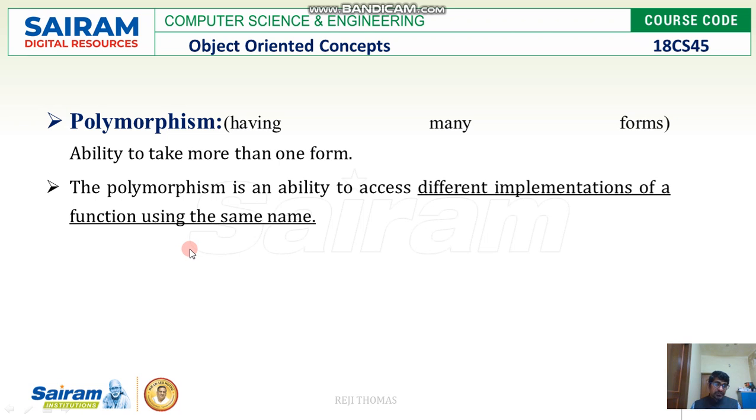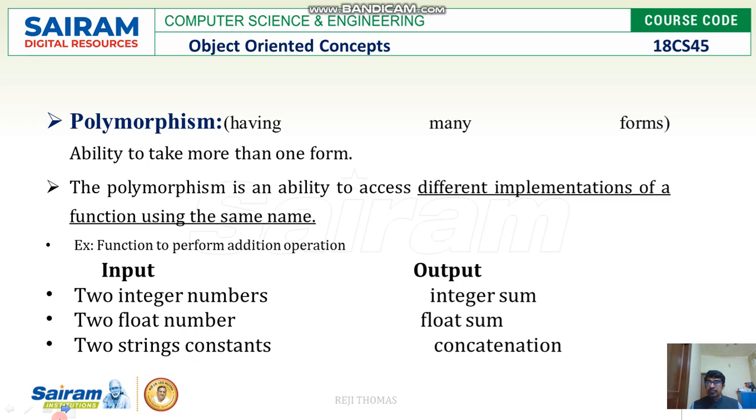We can have functions with the same name but different parameter signatures. You can have a function which adds two integers and gives an integer sum, or a function which gives the sum of two floating point numbers, or a function which concatenates, appending two strings. Basically all these three functions do the same job, which is adding, but take different forms at different times.